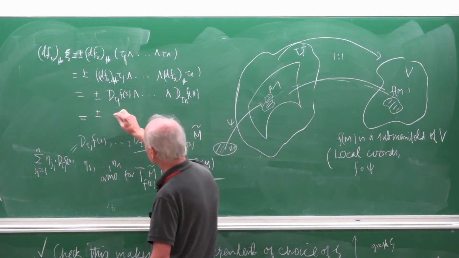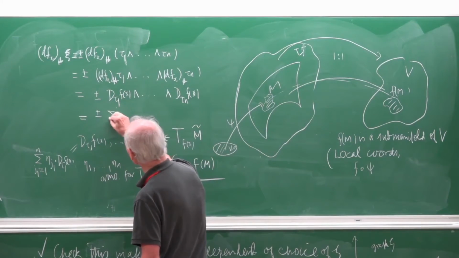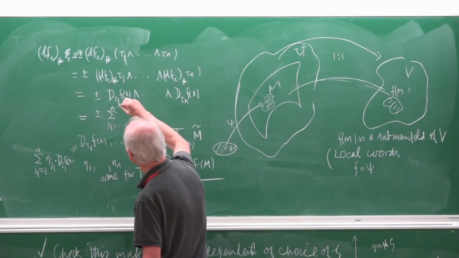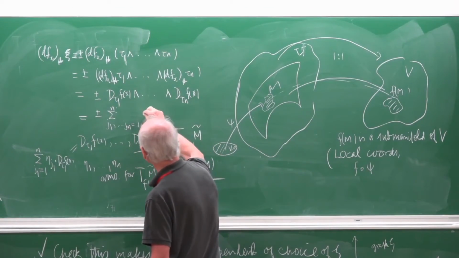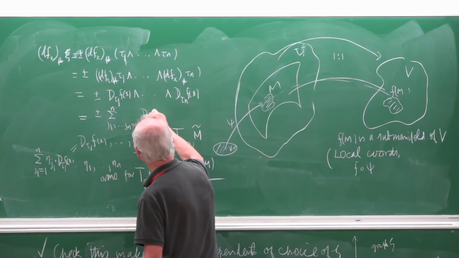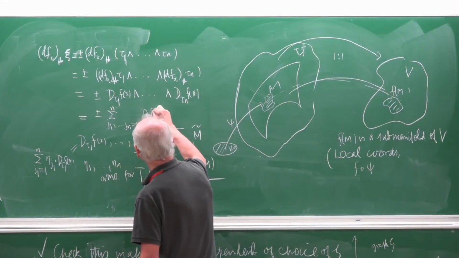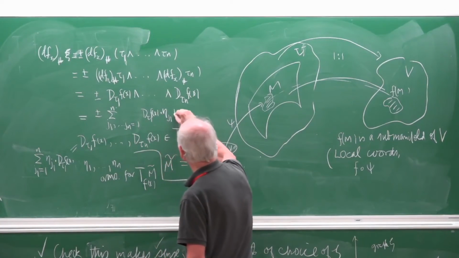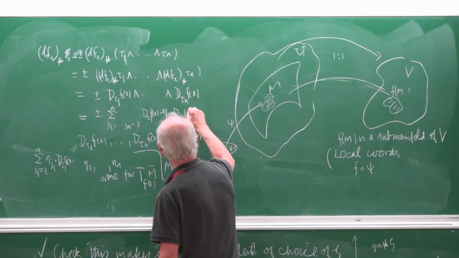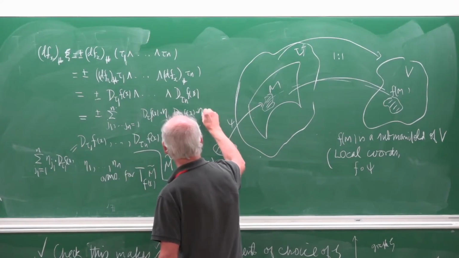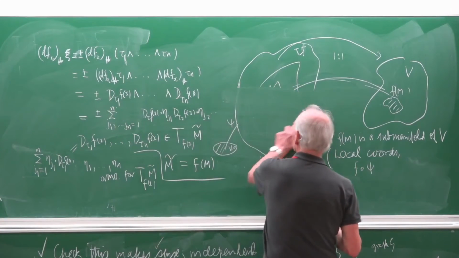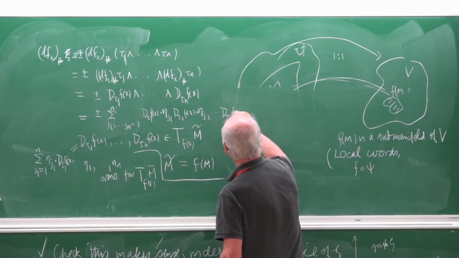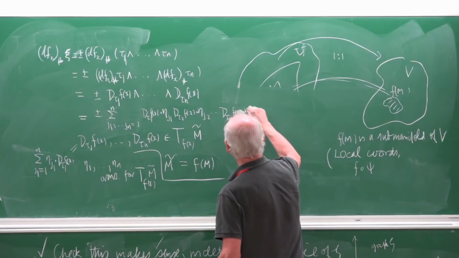So you see how that works out is that you get a sum over j1 to jn, 1 to n, of d tau 1 f of x dotted with eta j1 times d tau 2 f of x dotted with eta j2, and so on, up to d tau n f of x dotted with eta jn.